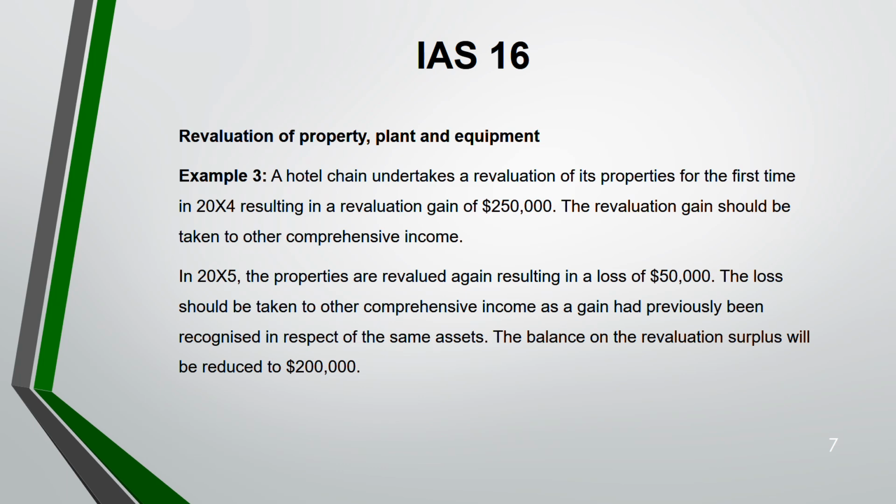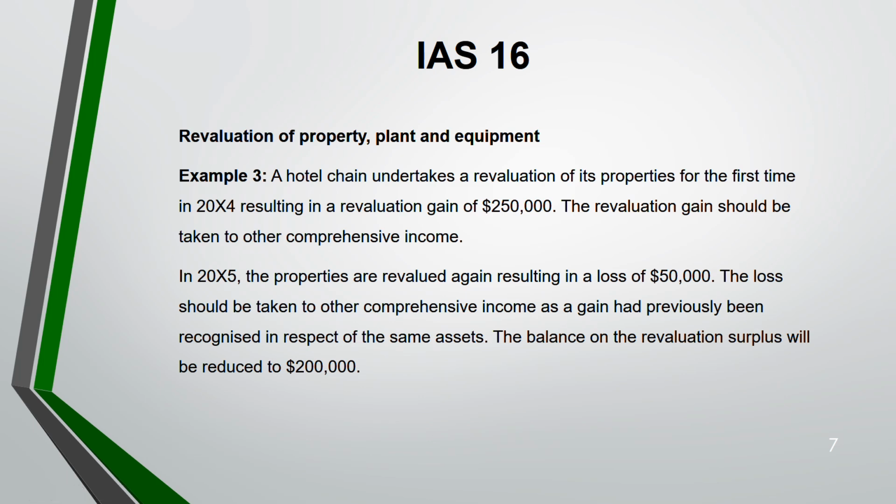So first 50,000 loss that has occurred. So you have to separate the 50,000 and 200,000. Now, loss of 50,000 will be taken to other comprehensive income.